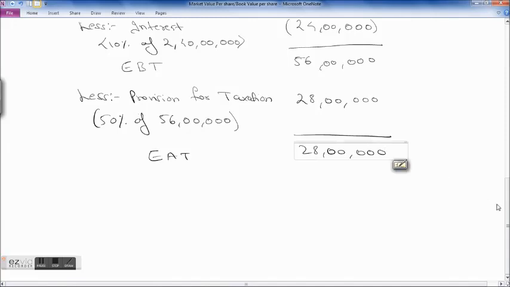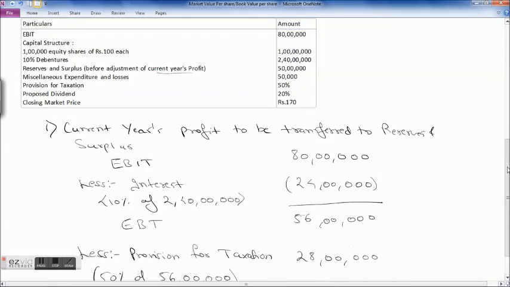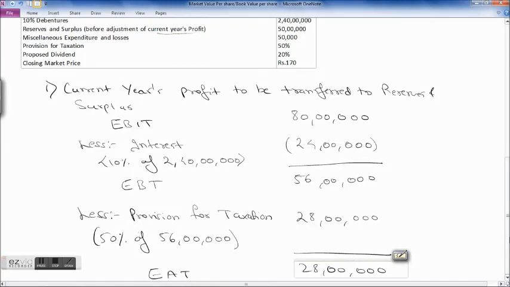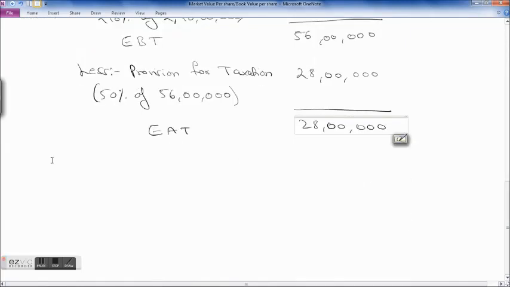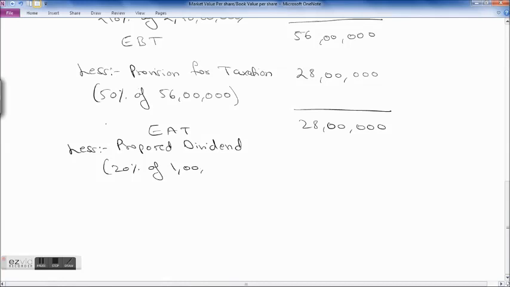Now let's see how much is the dividend. The proposed dividend is 20%, and the capital structure is 1 lakh equity shares of 100 each. So 20% of 1 crore, that is 20 lakhs, is your proposed dividend.